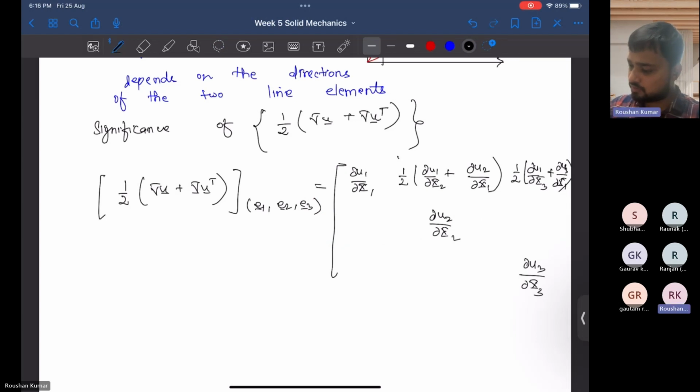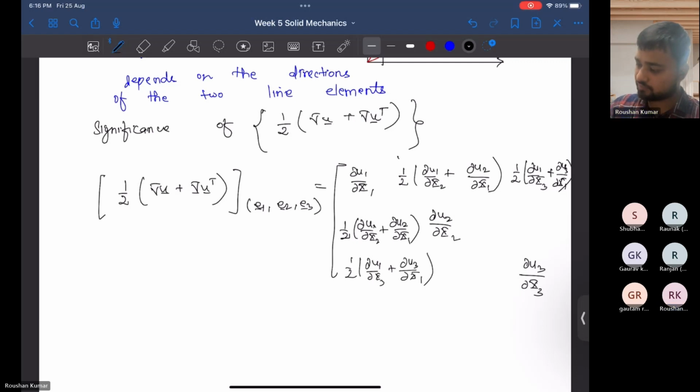So this one becomes half of del u1 over del x2 plus del u2 over del x1, because this one is symmetric. And the 3 1 element is symmetric to this one, so half of del u1 over del x3 plus del u3 over del x1.